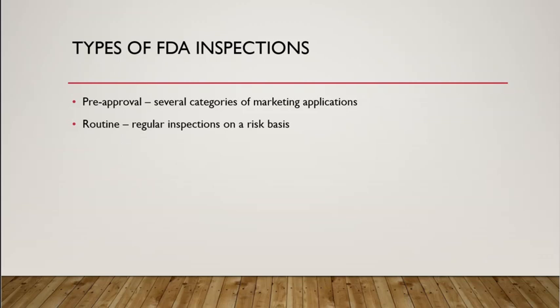But there's pre-approval, routine, and then for-cause inspections. These are often the most problematic because they've more than likely been generated by a complaint, either from an employee or a competitor or a consumer.